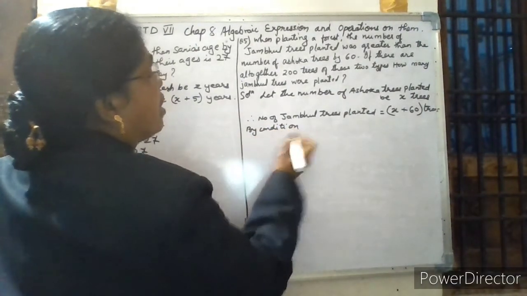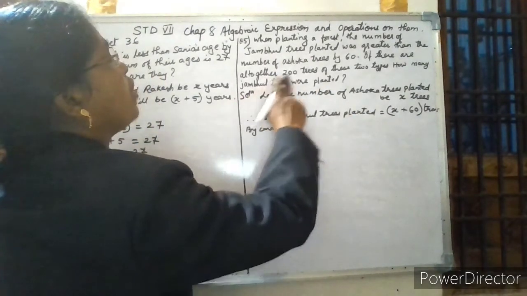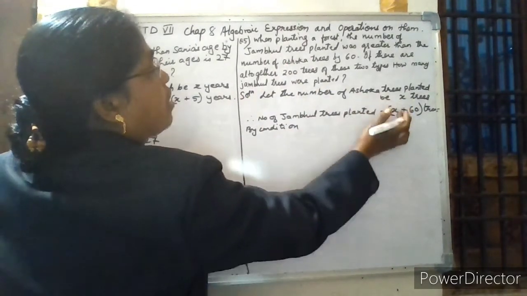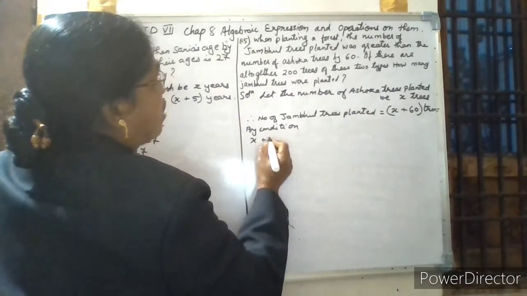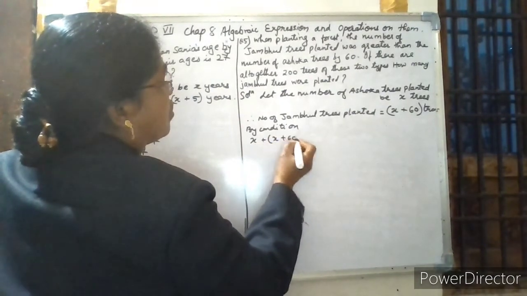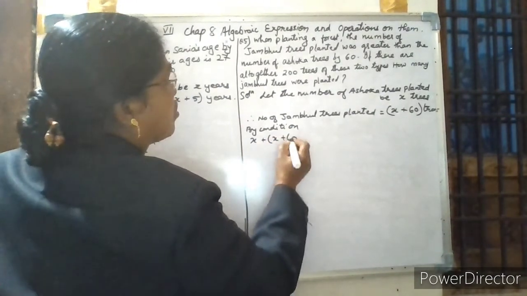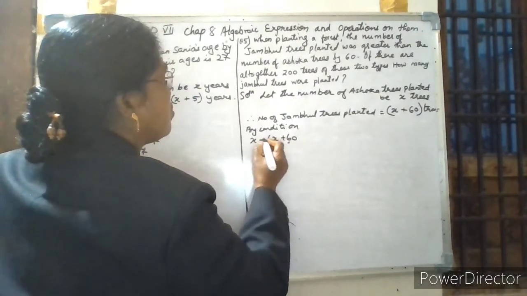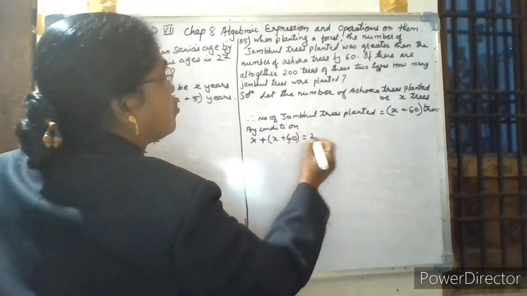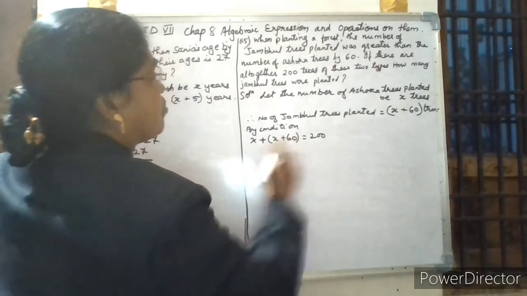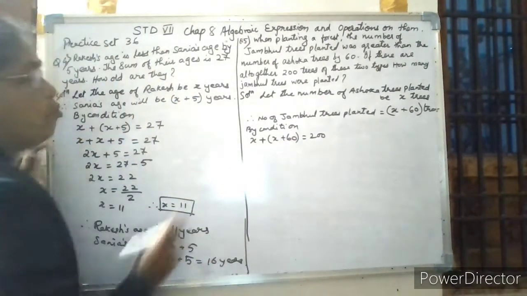By condition, together there are 200 trees. That is this X plus this X plus 60 is equal to 200. So remove the bracket.